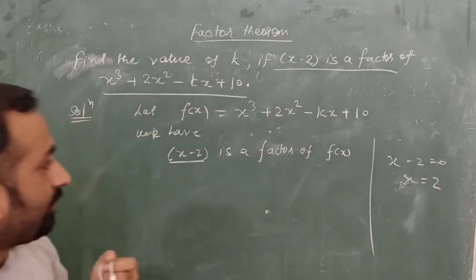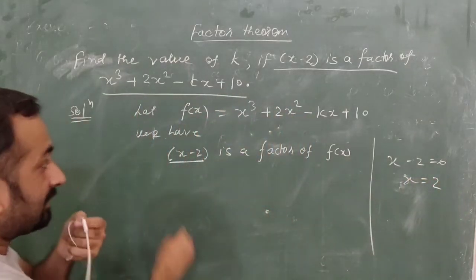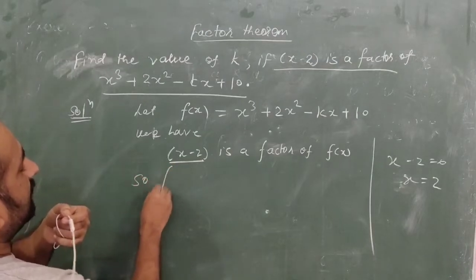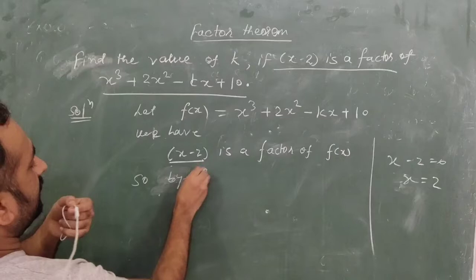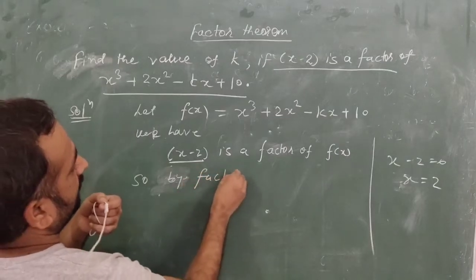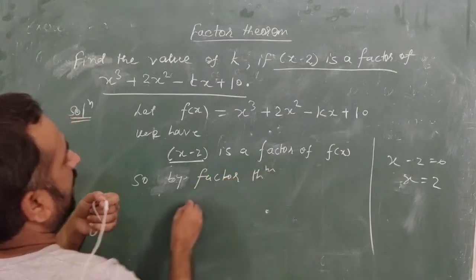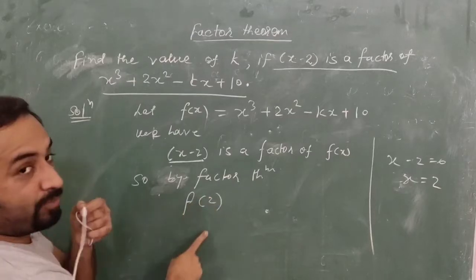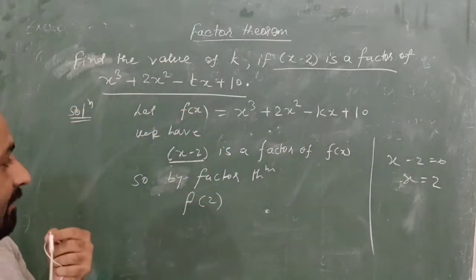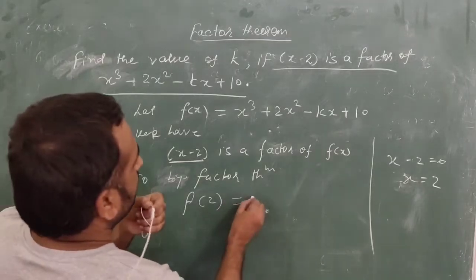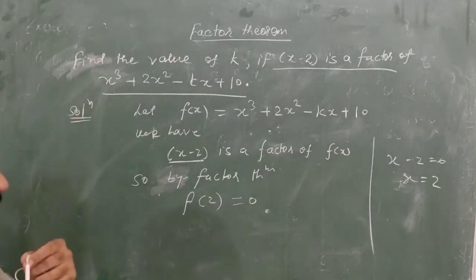Is it clear? So by the factor theorem, f of 2 should be equal to 0.